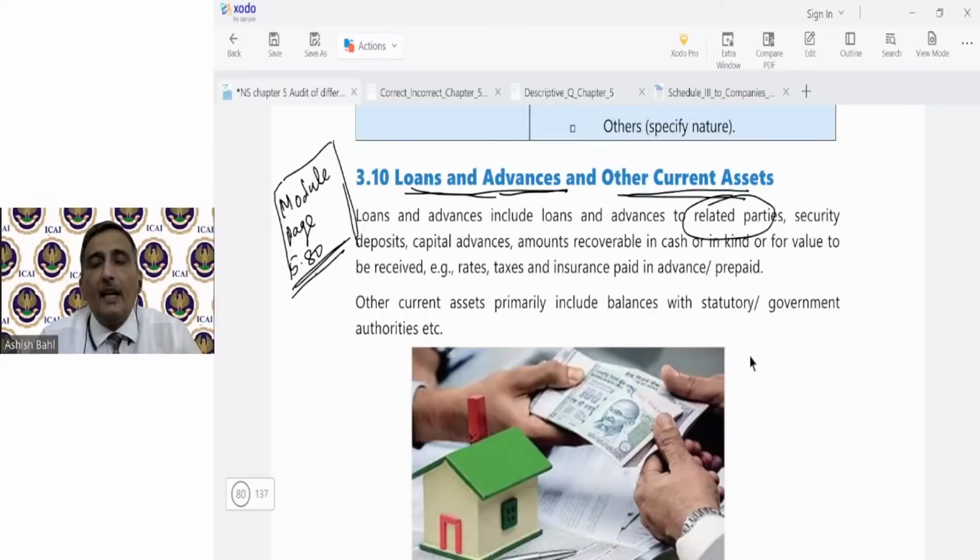Similarly, students, long-term advances are those advances which are expected to be realized beyond a period of 12 months.